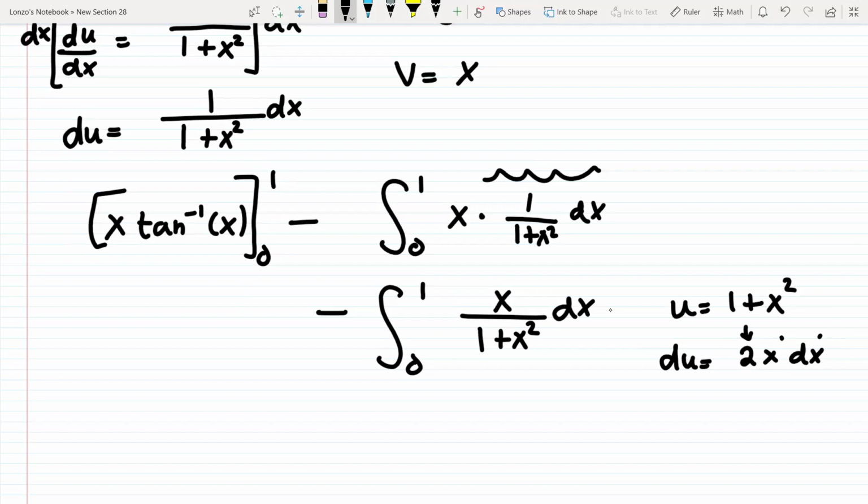To get rid of this 2, I'm going to multiply both sides by the reciprocal of 2, which is 1/2. On the left, 1/2 times du is 1/2 du, and on the right, 2 times 1/2 cancels, so you're left with x dx.